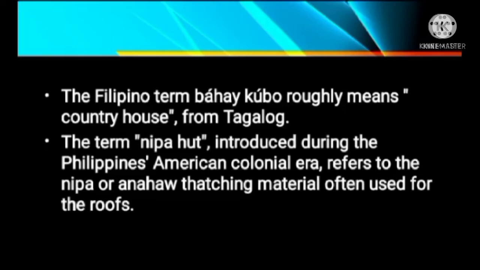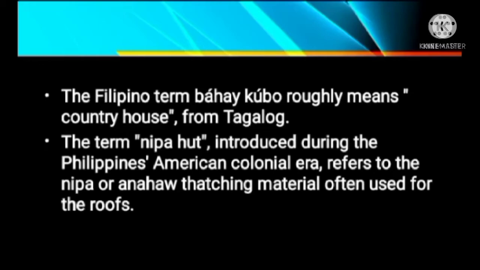The Filipino term Bahay Kubo roughly means country house in Tagalog. The term Bahay is derived from Proto-Malayo-Polynesian for public building or community house, while the term Kubo is from Proto-Malayo-Polynesian. The term Nipa hut, introduced during the Philippine-American colonial era, refers to the nipa or anahaw thatching material often used for the roofs.